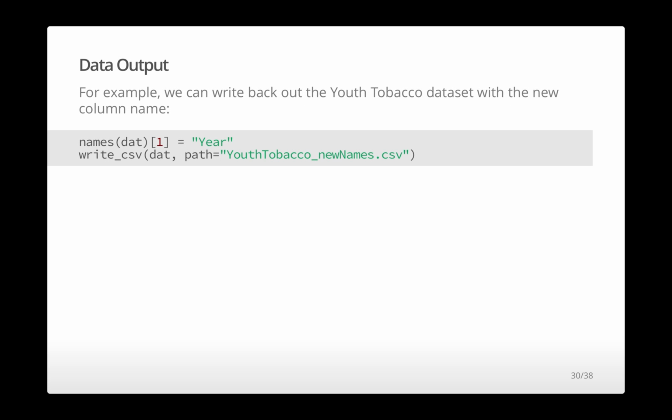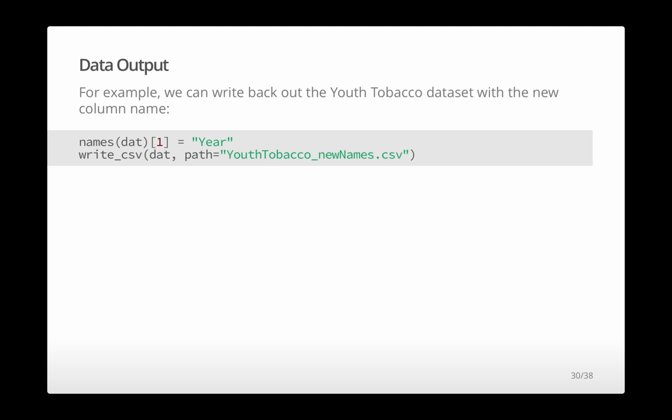So in this case, we change the first column to Year, not all caps, not lowercase. The first letter will be capitalized, and then we write CSV. We pass in that data set. We say path equals this, youth tobacco with new names. Two things you should see here. One, we passed in these arguments separated by commas like we've been doing, but when you specify an argument, you can specify it by the name.